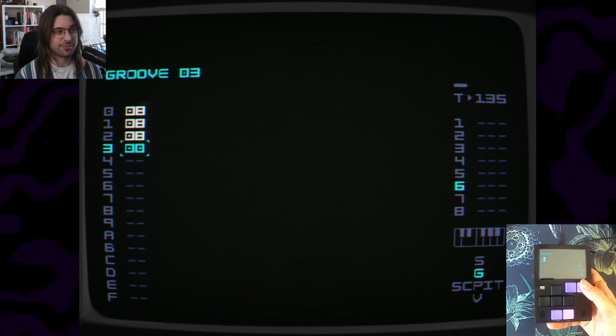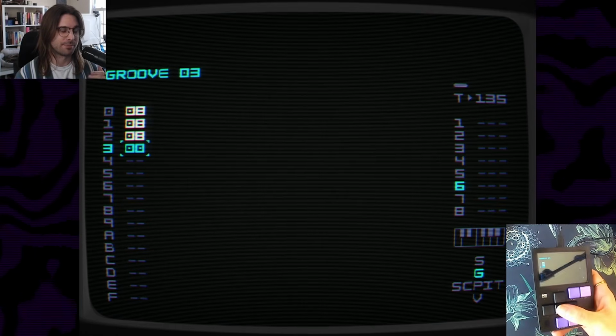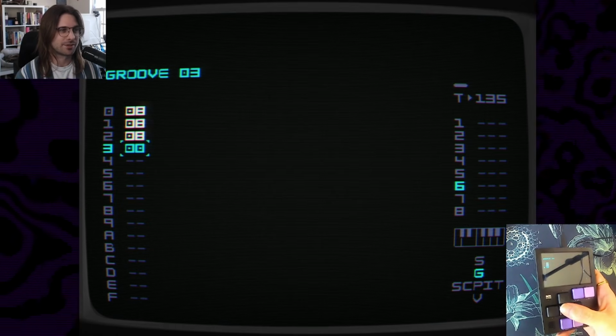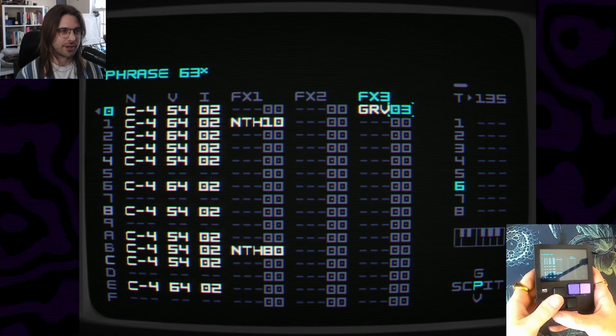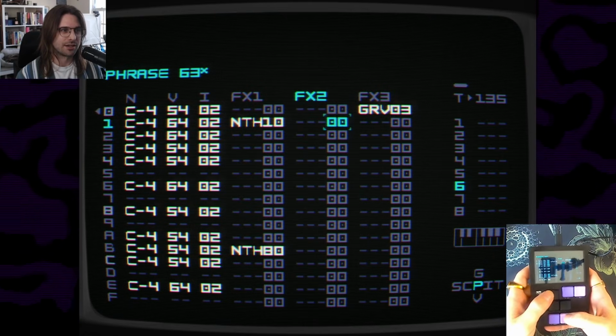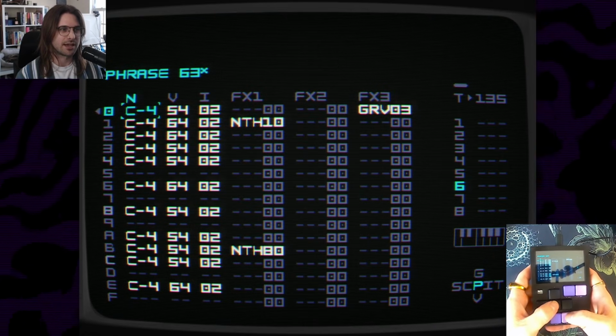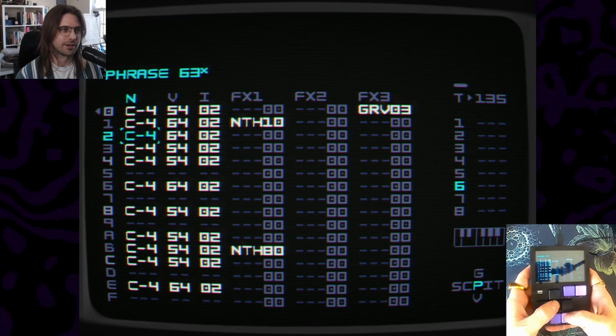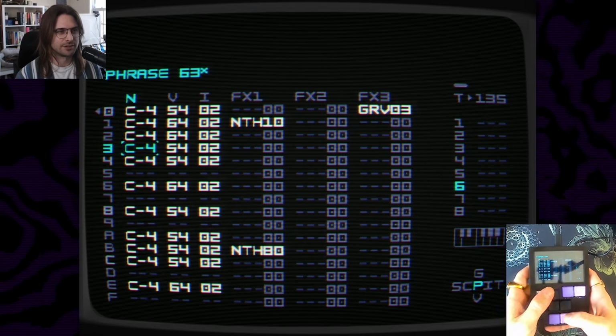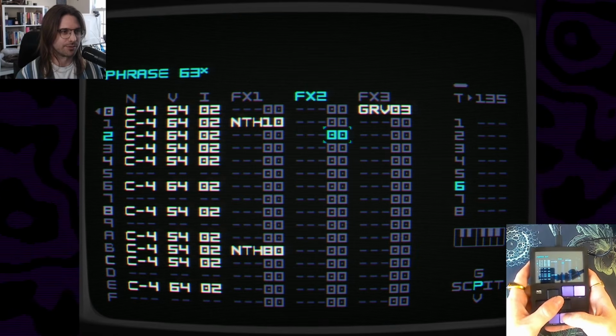What 0, 0 means in a groove is that it's going to skip that step. So if I go back to the phrase view and hit play, you'll see the playhead play 0, 1, 2, and then skip 3 and go to 4, and continue that pattern onward.